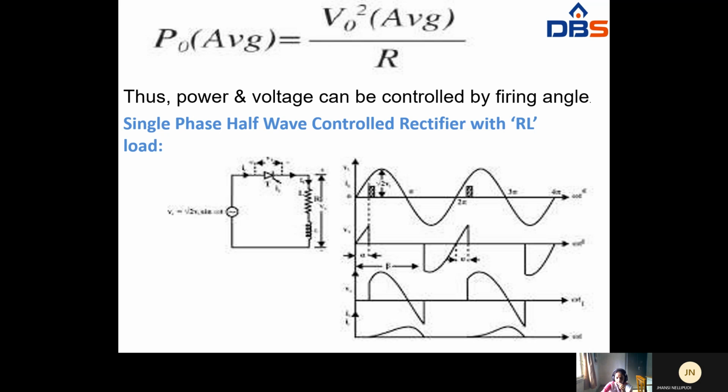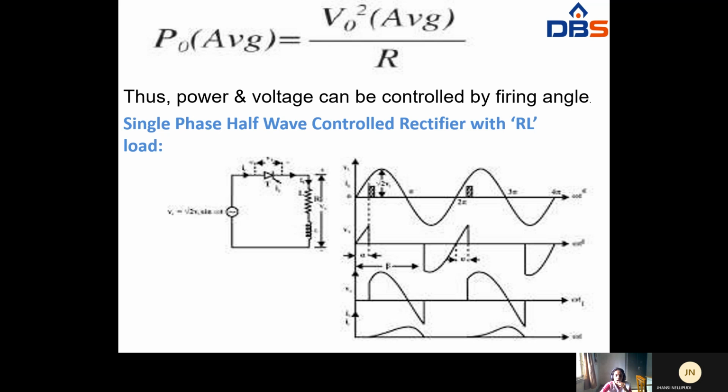And here the load current will start at 0, and by giving a firing angle it will increase and then decrease at pi plus alpha, and come to 0 in the negative cycle, and it will increase again at 2 pi plus alpha.